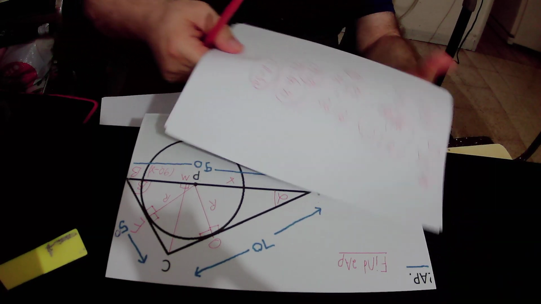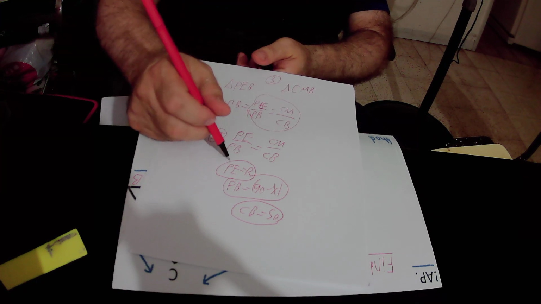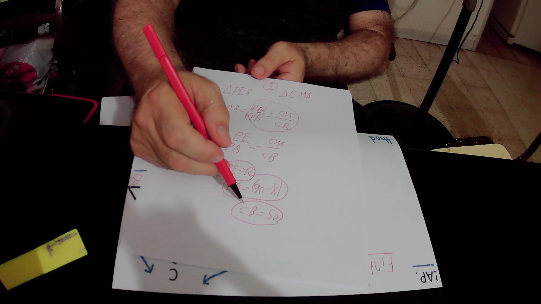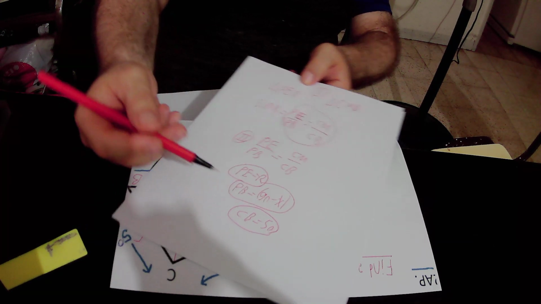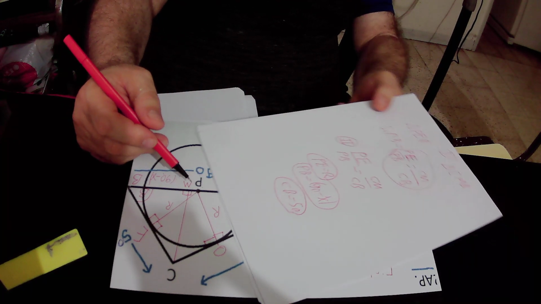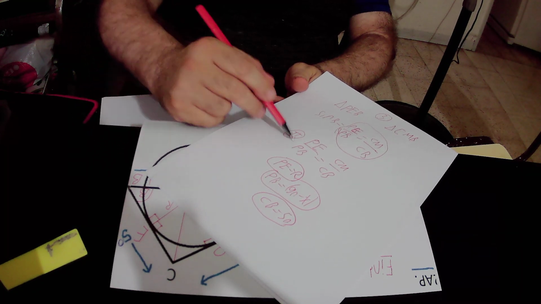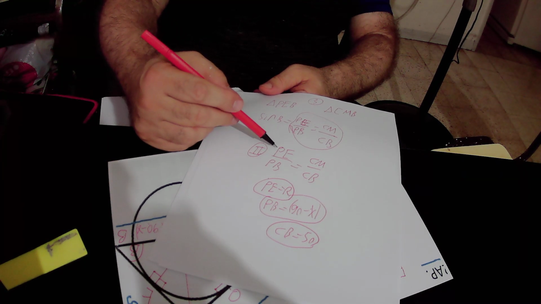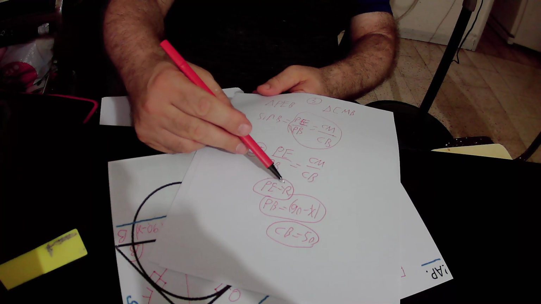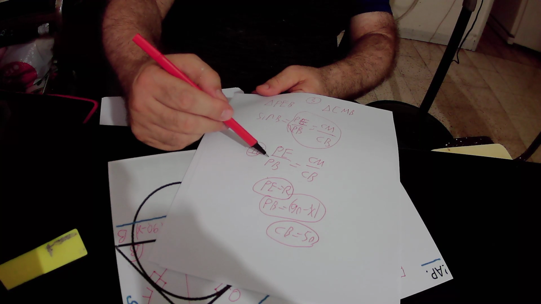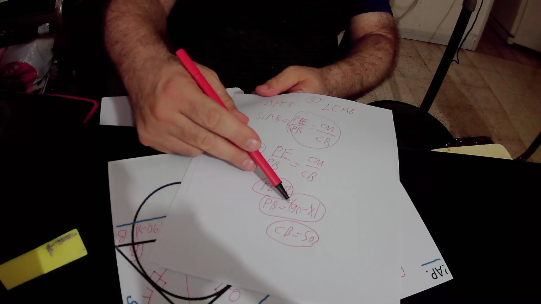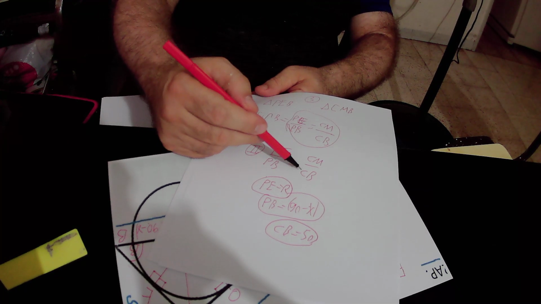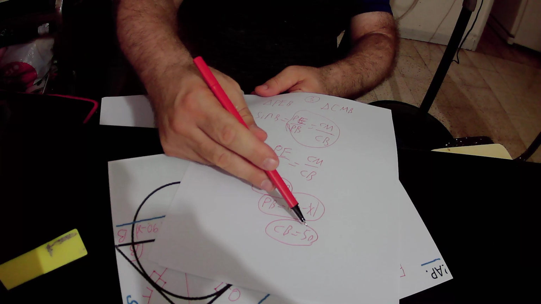Okay, so we have three equalities: PE equals R, PB equals 90 minus X, and CB equals 50 units. So we can substitute these in the second equation: PE by R, PB by 90 minus X, and CB by 50.